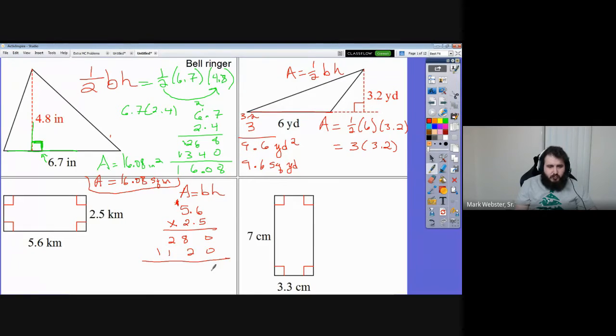We see 2 decimal places, so carry the 1 here. Yeah, that tracks. And again, we look here, the units were kilometers. So our final answer is going to be in kilometers squared.